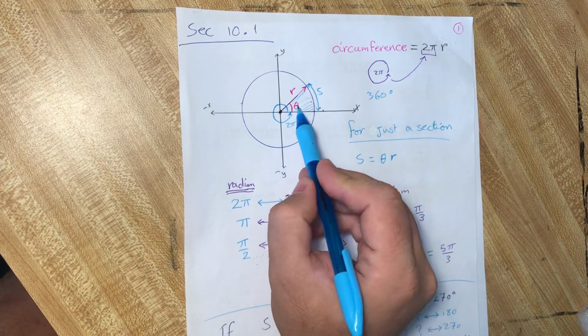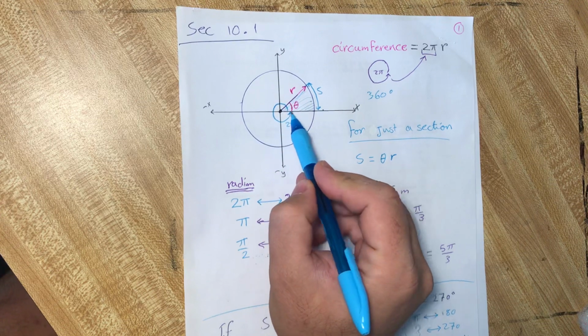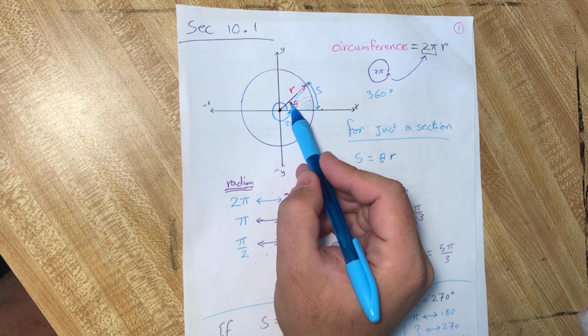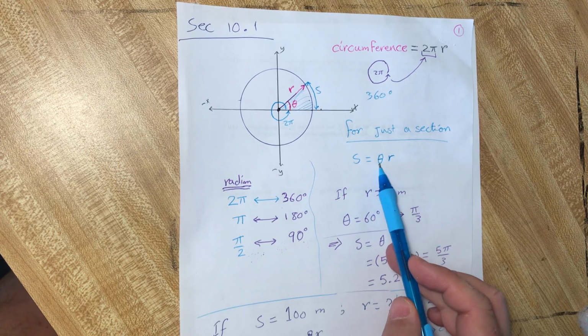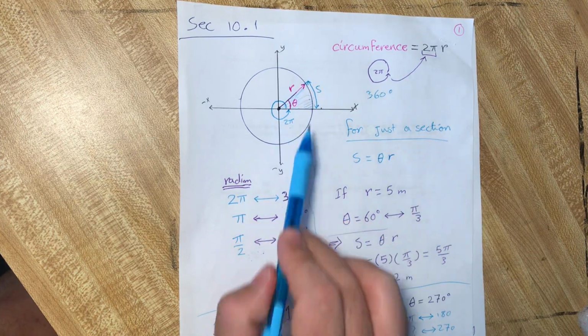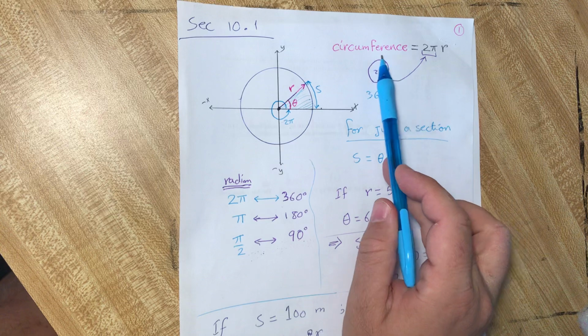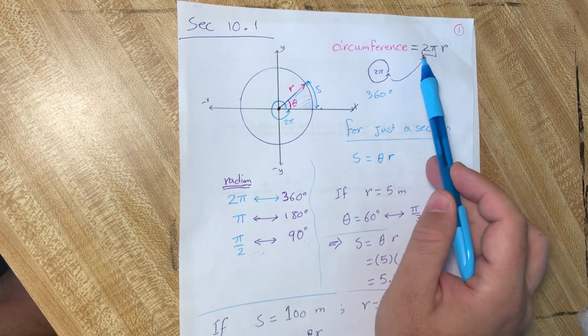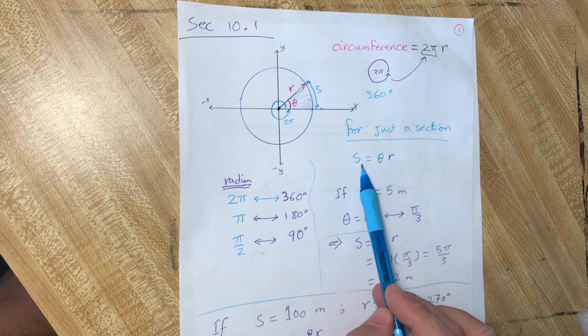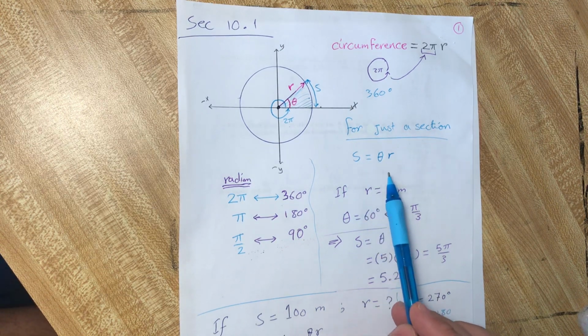But now we don't have the total angle, we just have the angle theta. So we need to multiply r by theta to find the length S. We don't need to find the whole circumference, which is 2 pi r. Okay? We need just to find the length of a section, S.